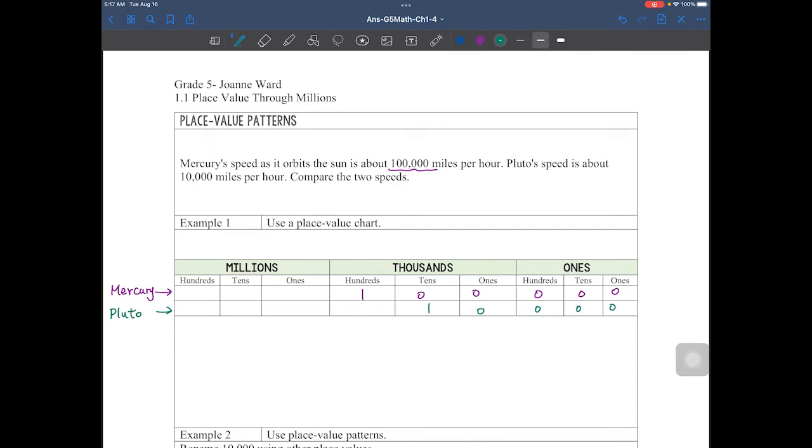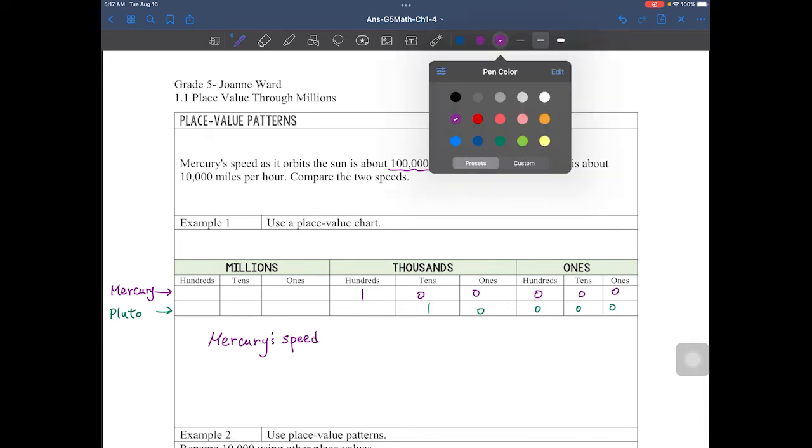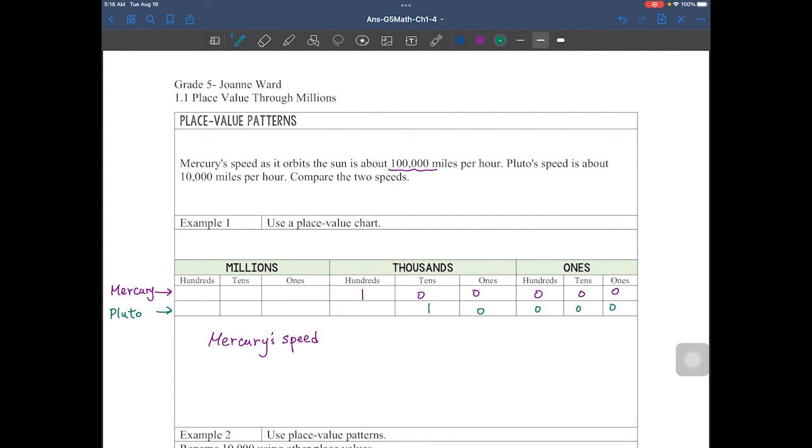What we want to say here is Mercury's speed compared to Pluto's speed. So I divide 100,000 by 10,000.